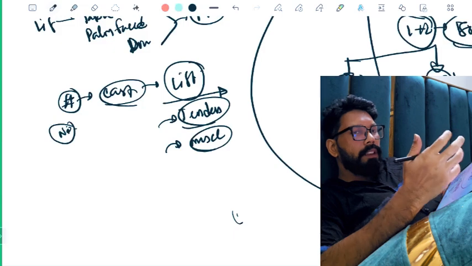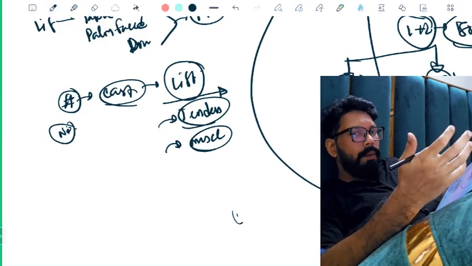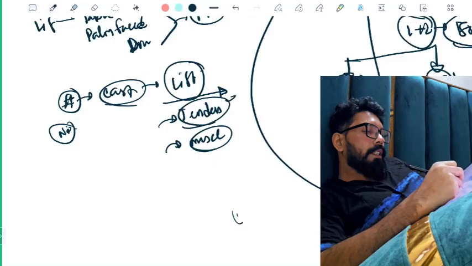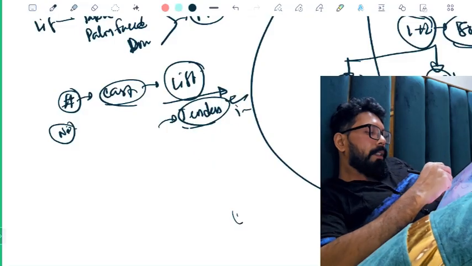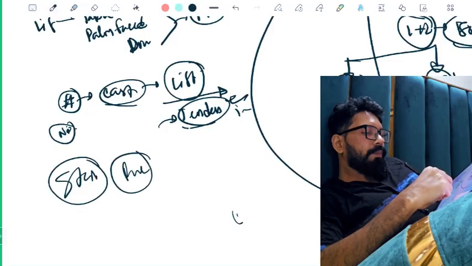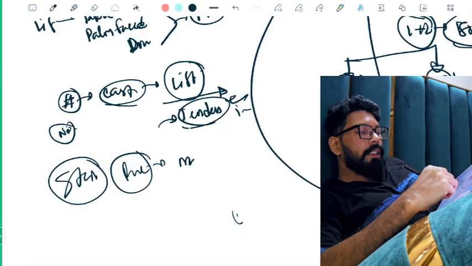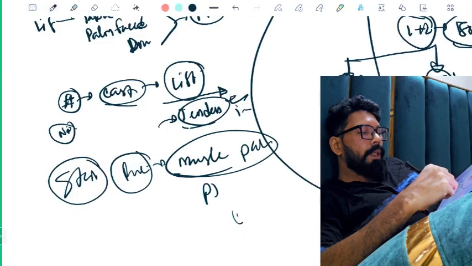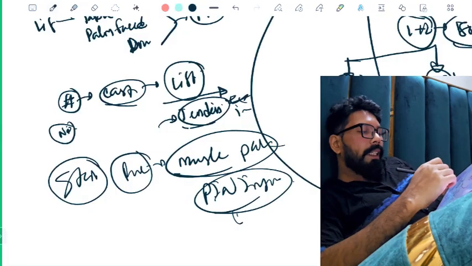Of course, if there was a muscle tear, that person would not be able to have a cast for a long time, right? So mostly it's tendon, EPL tendon injury. But if there is a stab at the forearm, what will happen? Then muscle injury, muscle paralysis due to PIN injury. So in that case, the tendon is not injured. There is no cast. Don't worry about it.